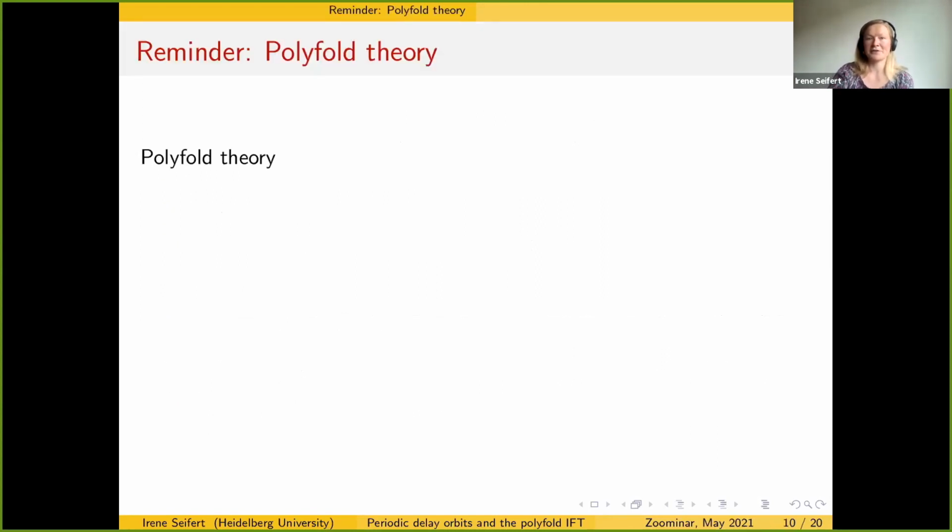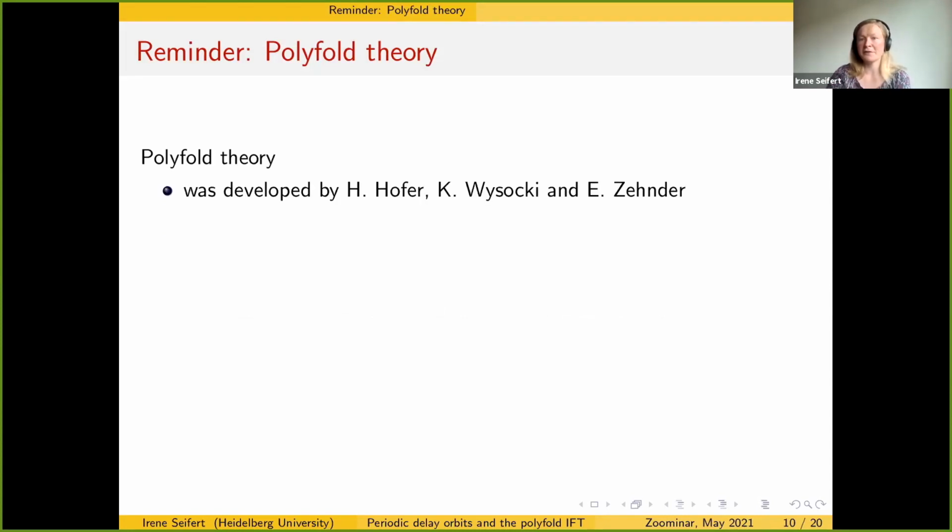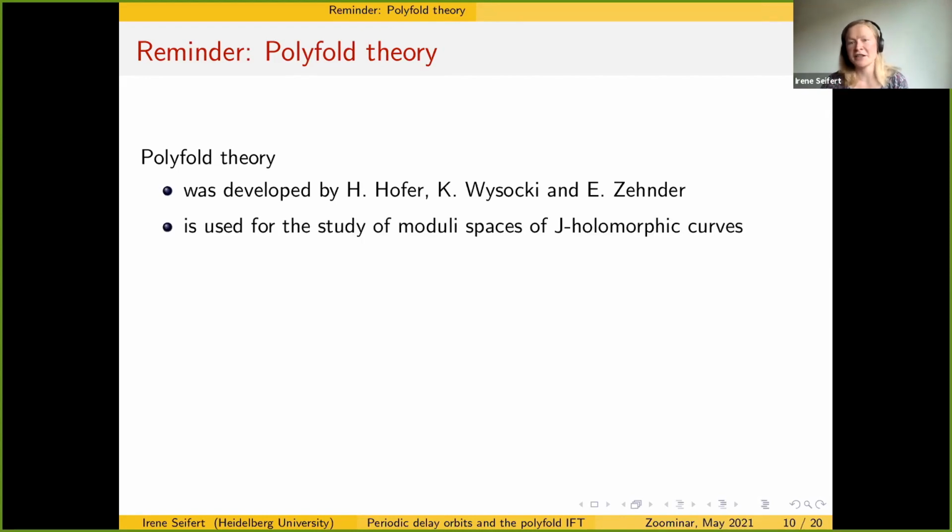So, a very, very short reminder on polyfold theory. It was developed by Hofer, Wysocki, and Zehnder, and it is used for the study of moduli spaces of J-holomorphic curves.